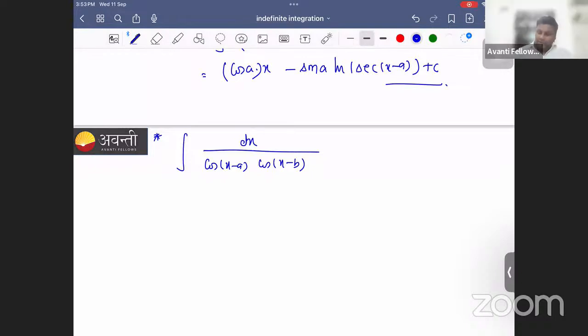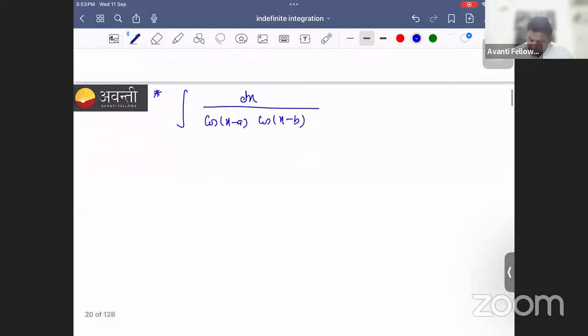Well, now let me do it. You must have tried it. It is cos of x minus a cos of x minus b in the denominator.